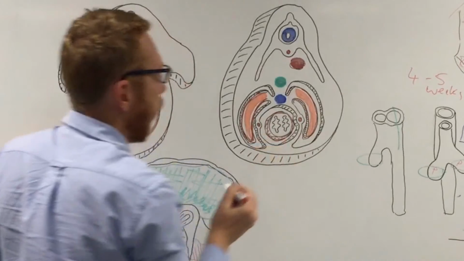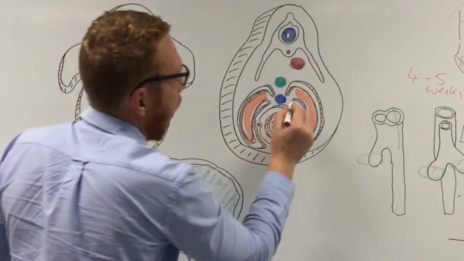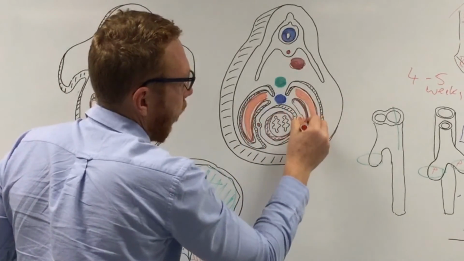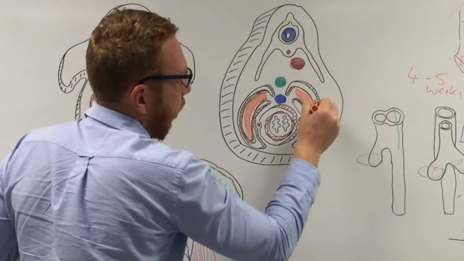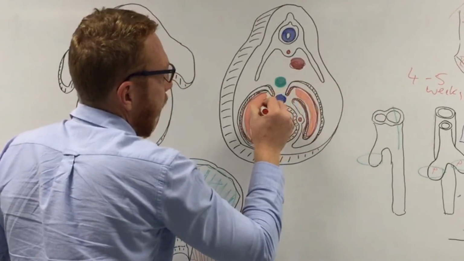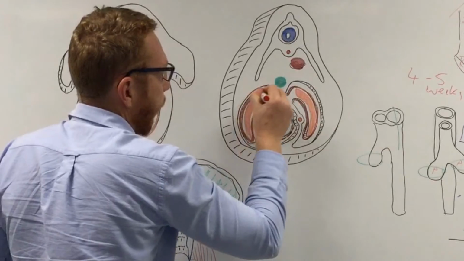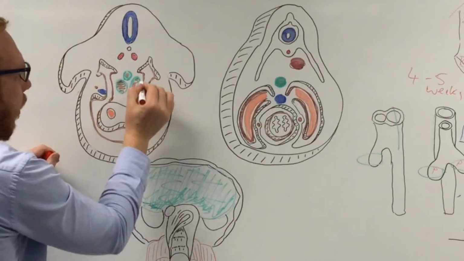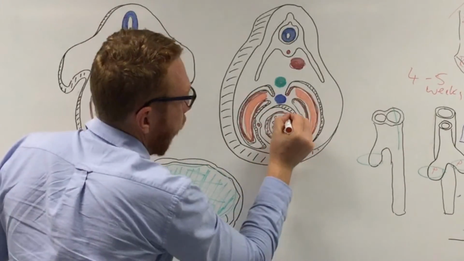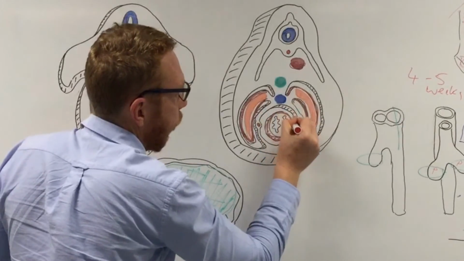Hopefully you can see now that this lining is what we call the visceral pleura, because that's come from the inner lining. And this is around the pericardium, so that's the visceral pericardium.